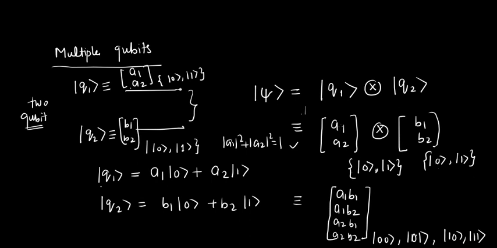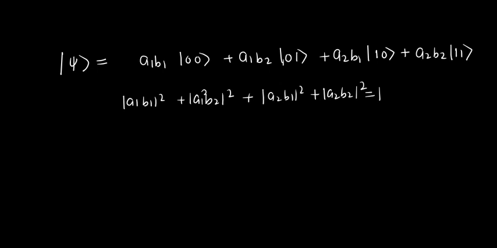Meaning if you measure this Q1, then mod of A1 square times you will get that it is in the 0 state, and mod of A2 square times you will observe that it is in the 1 state. Therefore, the summation of these two probabilities must be 1, right? Because they are mutually exhaustive, there is no other event. So the probability must be 1, right? Under this constraint, you can easily see that this will be equal to 1. You can do it.